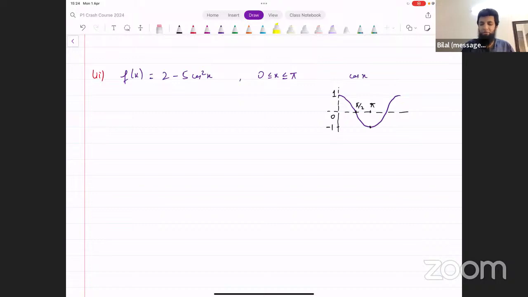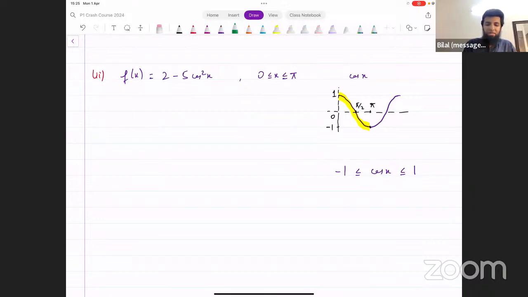Now, which part of this function is valid when x is between 0 and pi? Only this part. Now, in this part, what's the least possible value of cos x? Least possible value of cos, minus 1. What's the largest possible value of cos x? It's plus 1. So the minimum value of cos is still minus 1 and the maximum value is still plus 1, even though it's not one complete cycle, but still the minimum and maximum values of cos are minus 1 and plus 1.